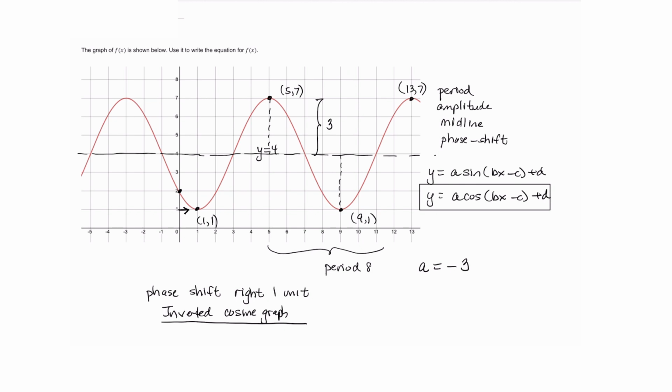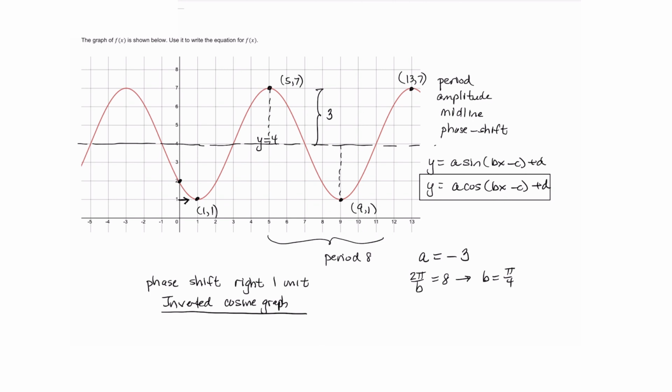The period is 8. So that means that 2 pi over b is equal to 8. If we solve that for b, we multiply both sides by b, we divide both sides by 8, and we get b equals pi over 4. I know that the phase shift is right 1 unit. That means that c over b is equal to 1.